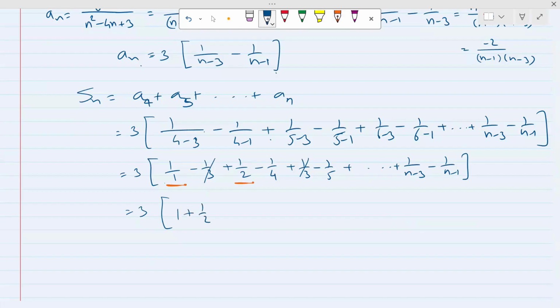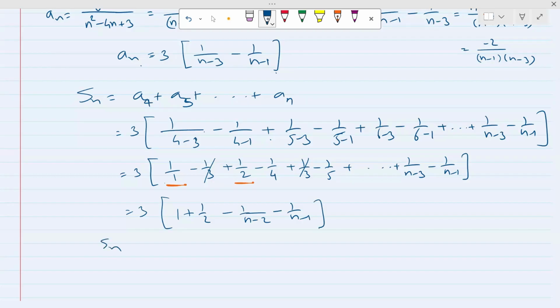And what about at the end? So you can check minus 1 upon n minus 2 minus 1 upon n minus 1.